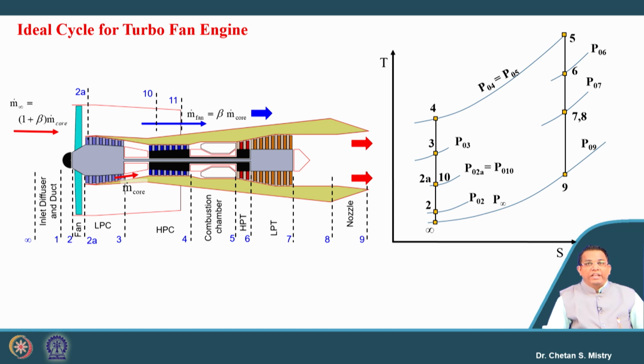Suppose we would like to improve the thermal efficiency. We know that to achieve higher thermal efficiency, and also higher thrust, we are looking for a higher turbine entry temperature. Similarly, we have discussed the higher overall pressure ratio configuration also.